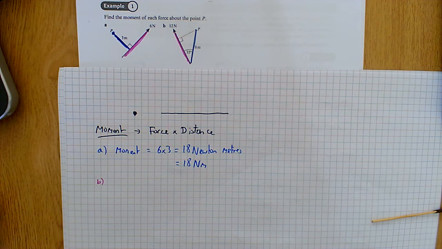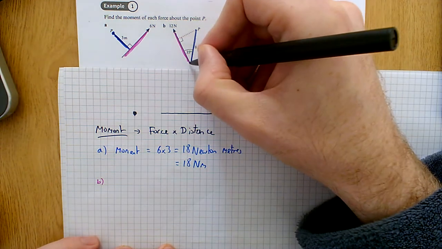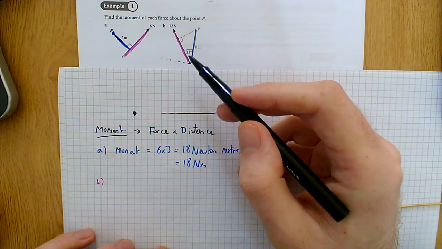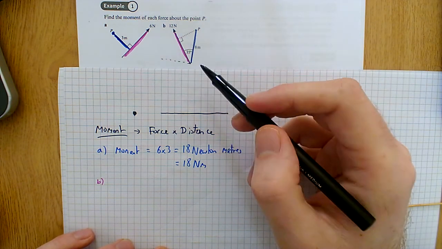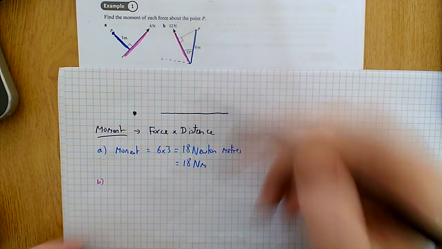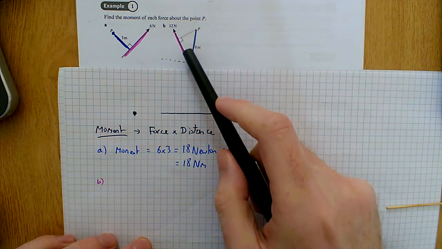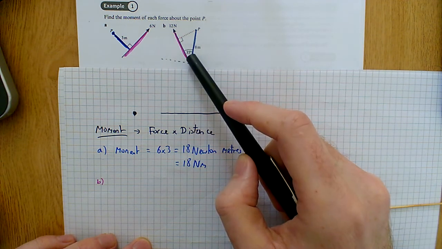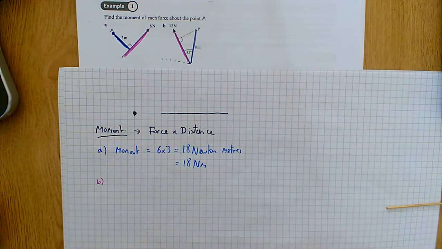So all we're going to do is resolve it in the 90 degree direction. If this is 35 to this, and we think about resolving it like we've been doing in all the other units, to get the perpendicular, because the moment force is a perpendicular force turning it, we need to resolve it going that way. So we're going from the force of 12 to the dotted line, that's away from the 35 degree angle.